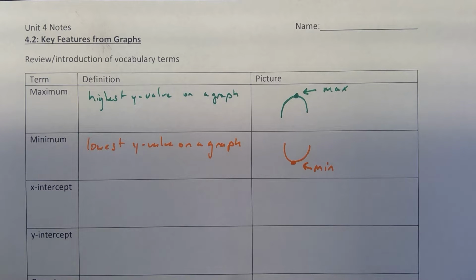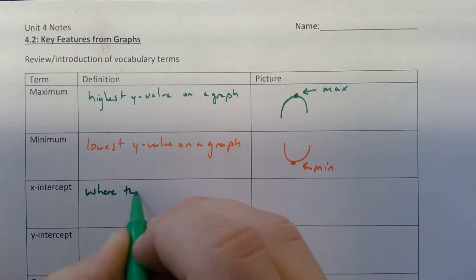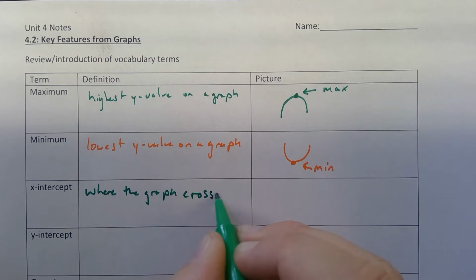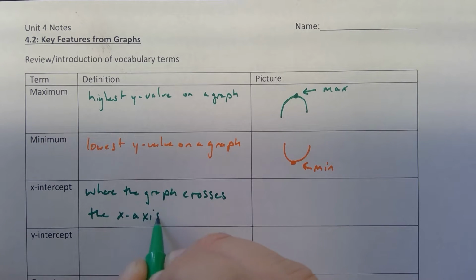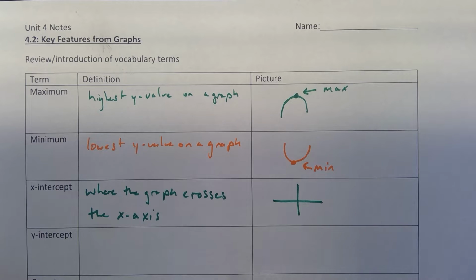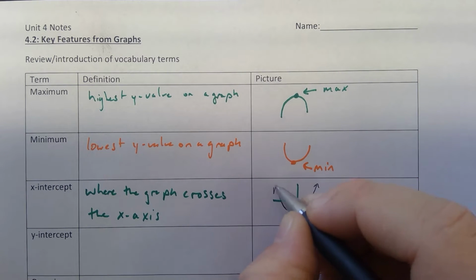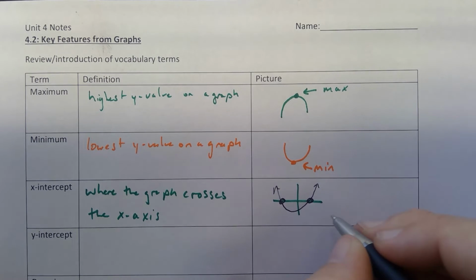So when we look for our x-intercepts, it's where the graph crosses the x-axis. So if we draw an axis there, we have x-intercept and x-intercept.